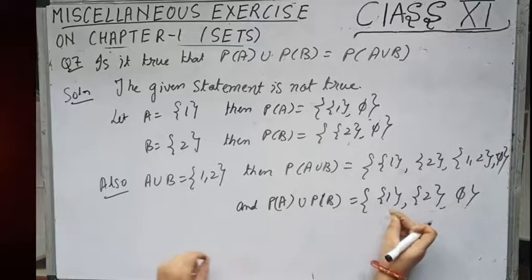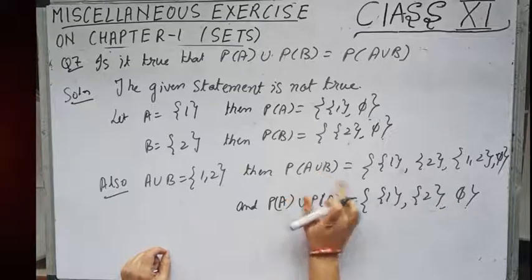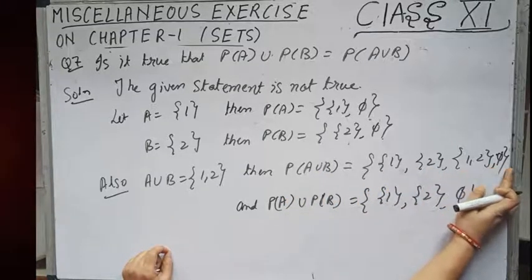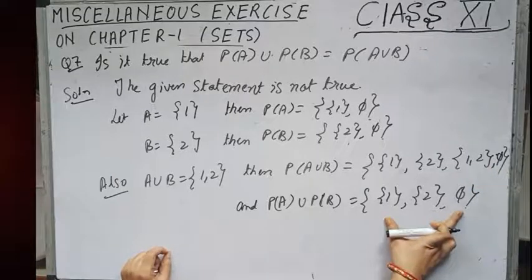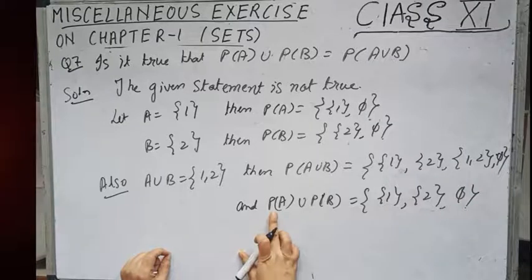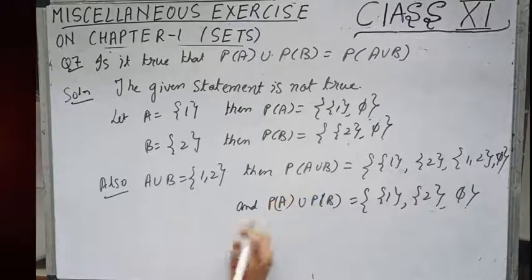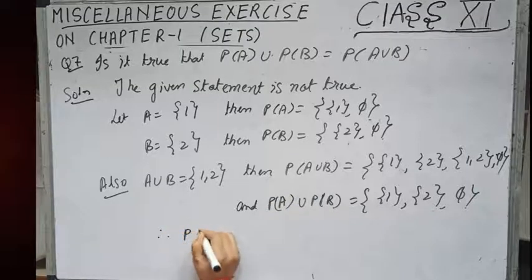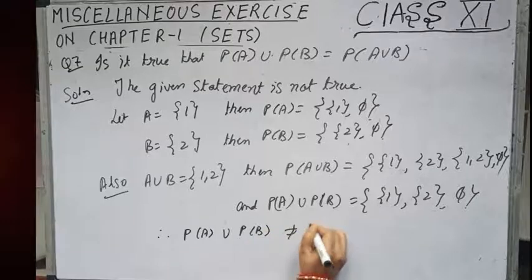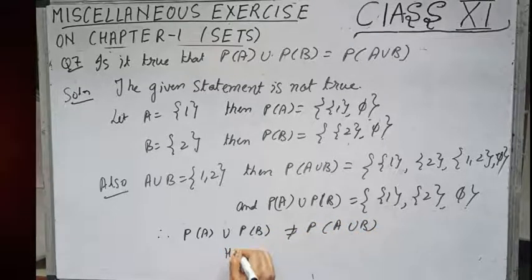That is, it has the elements {1}, {2} and the empty set. But power set of A union B has the elements {1}, {2}, {1, 2} and the empty set. The number of elements over here is 3 and over here is 4. So obviously power set of A union power set of B is not equal to power set of A union B, and hence proved.